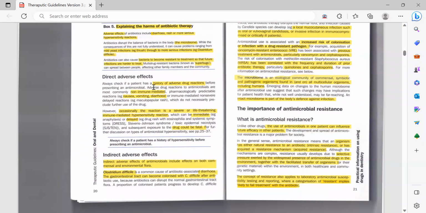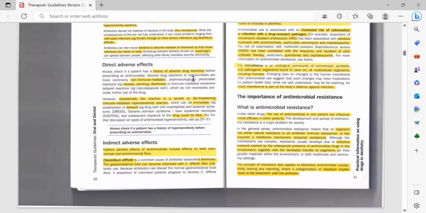Adverse drug reactions to antimicrobials are most commonly non-immune related. They are pharmacologically predictable. For example, for every drug, nausea and vomiting are common side effects. And antibiotics can also cause diarrhea.